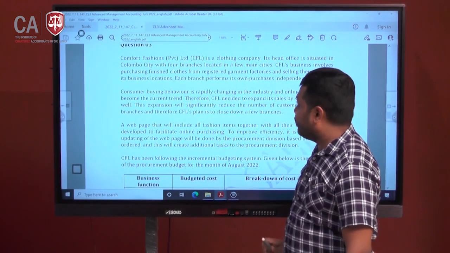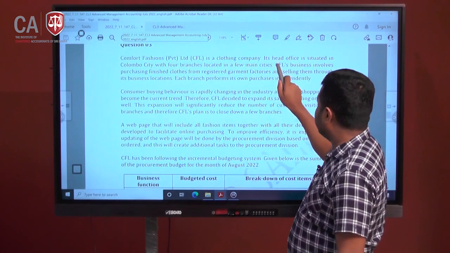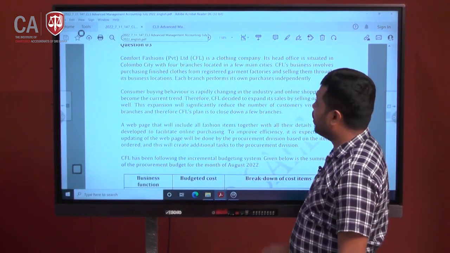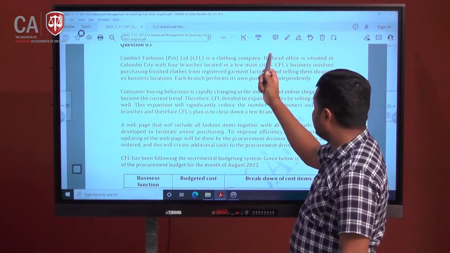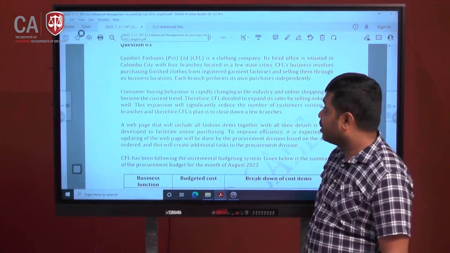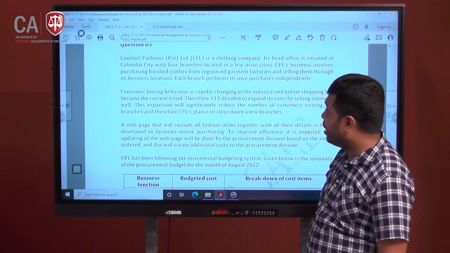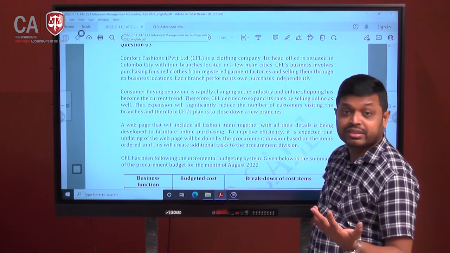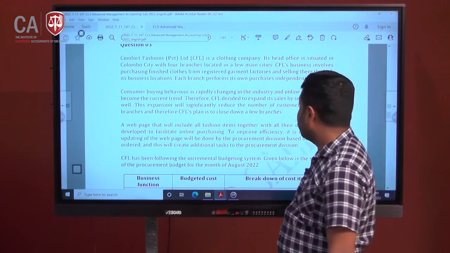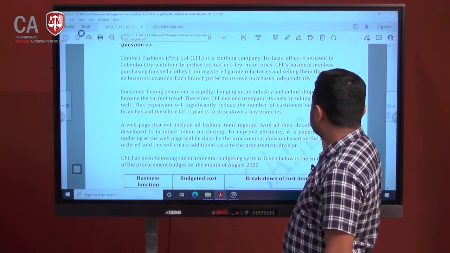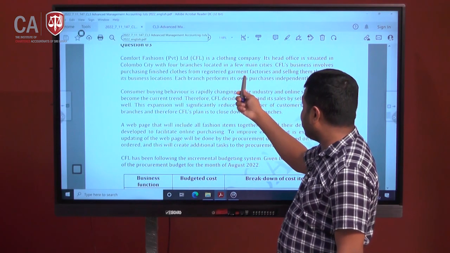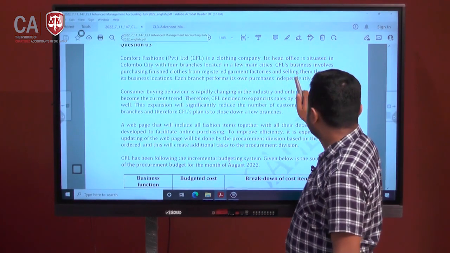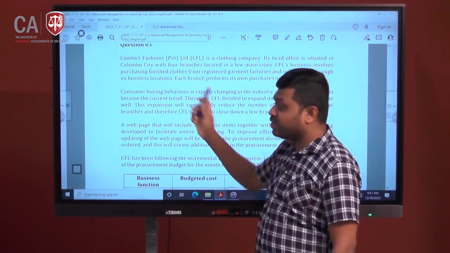Comfort Fashion CFL is a clothing company. Its head office is situated in Colombo City with 4 branches located in few main cities. Colombo is the head office and the other 4 branches are located in different cities. CFL's business involves purchasing finished clothes from registered garment factories and selling them through its business locations.